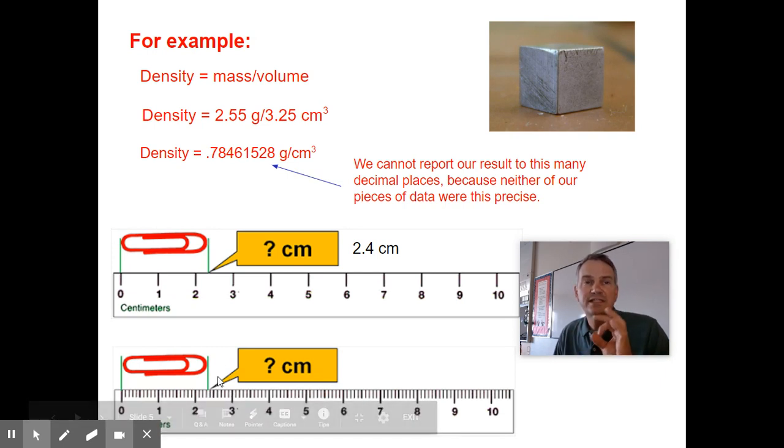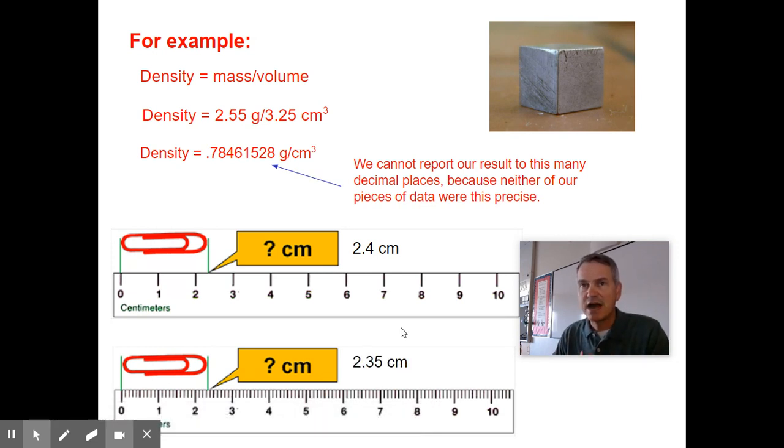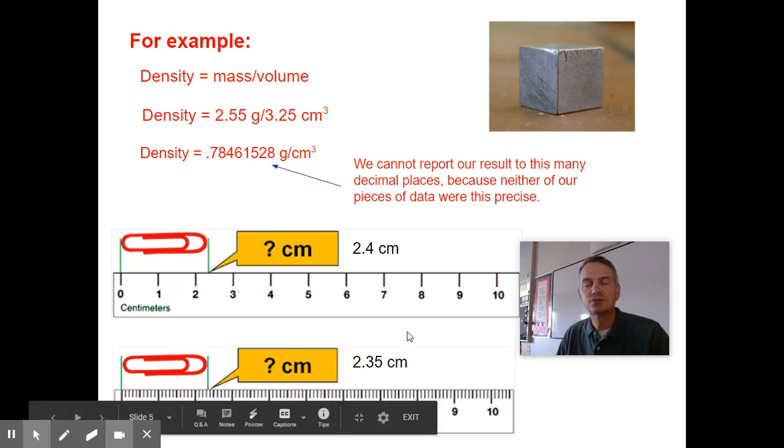So for this answer, we're going to say 2.35 centimeters for that paperclip. And you can see how the way we record that answer is going to vary based on the precision of our rulers. Okay, so that's how we would use significant figures in 2 different ways.